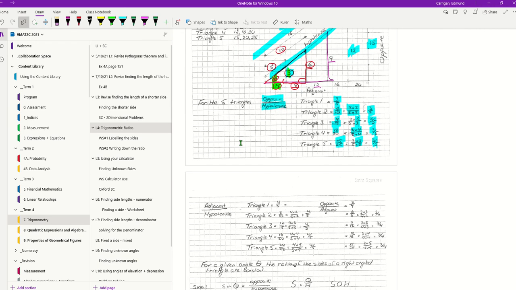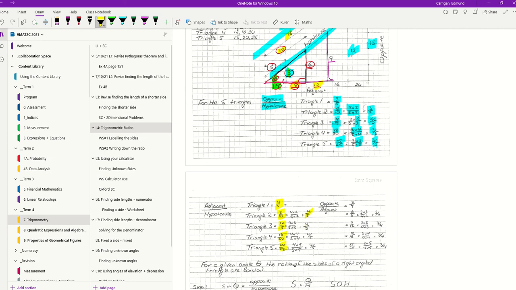Again, I can do the same exercise if I use the adjacent one, which is the one that's next to the angle. I've got 4 on 5, then I've got 8 on 10, 12 on 15. You can see it's the same exercise.